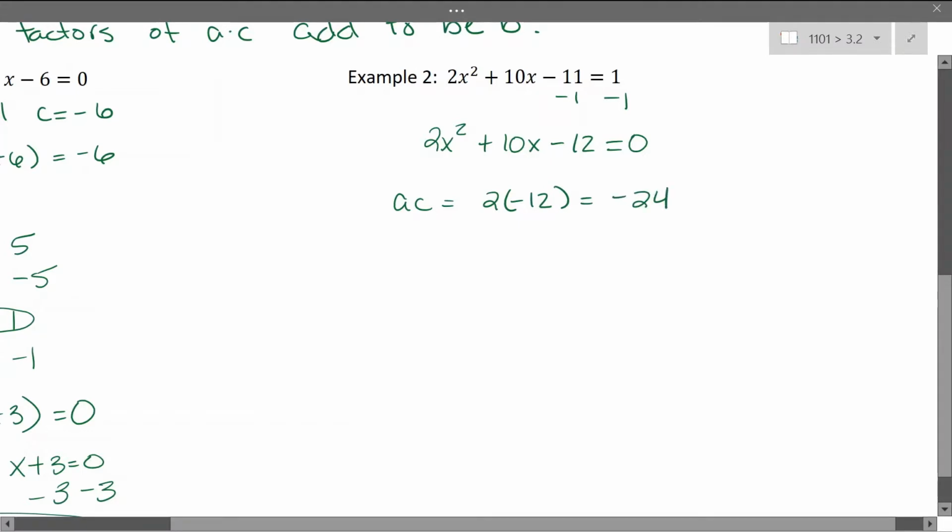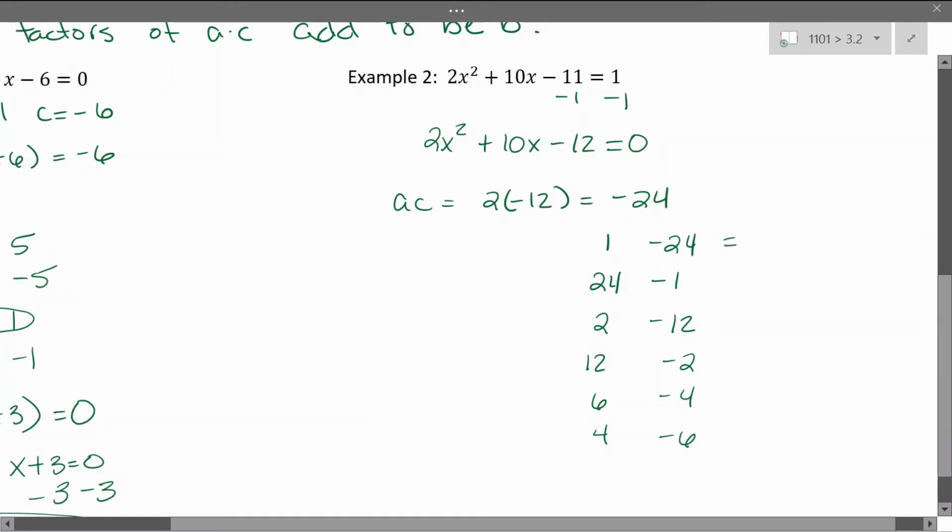So let's look at our factors of negative 24. We could have 1 and negative 24, 24 and negative 1, 2 and negative 12, 12 and negative 2, 6 and negative 4, and 4 and negative 6.